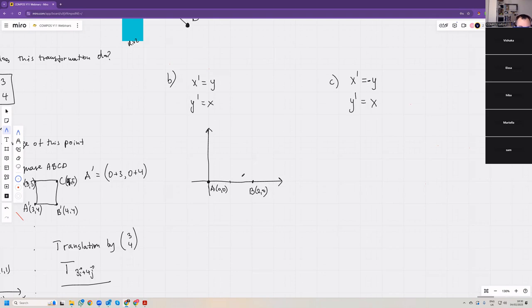I'm just using 1 and 2. C is 2, 1. And D is 0, 1. So let's take this square and see what happens to that square if we do this transformation.